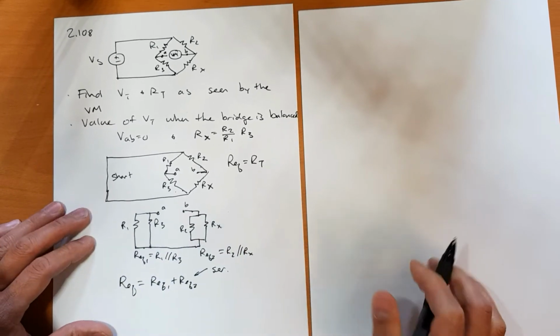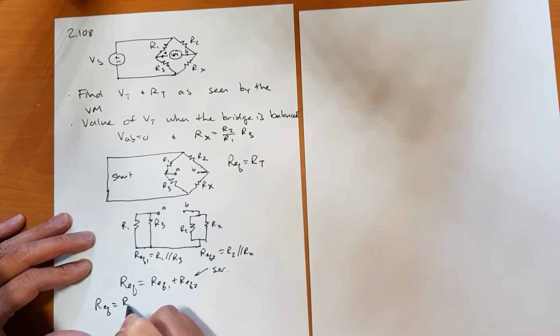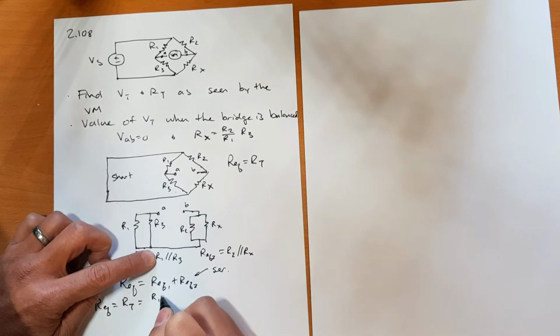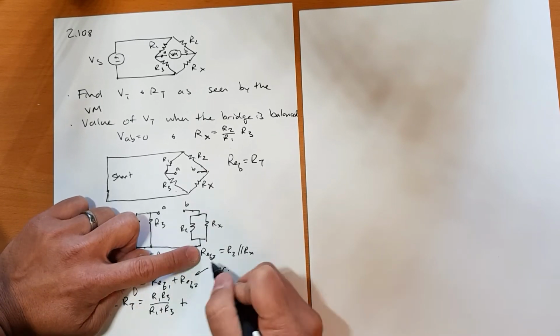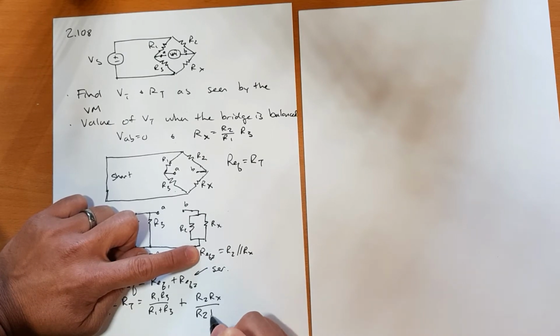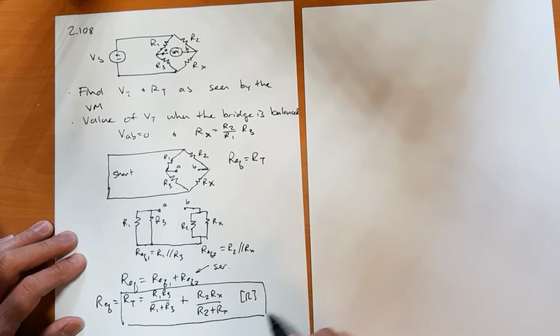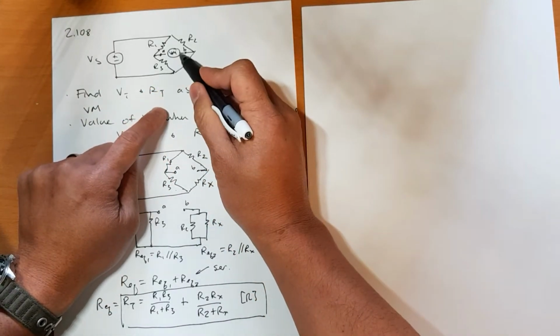So to write out that full formula, R equivalent equals RT is equal to R1 R3 over R1 plus R3, plus R2 RX over R2 plus RX, and the units, of course, would be in ohms. So this is our Thevenin resistance from the perspective of AB, or this voltmeter.